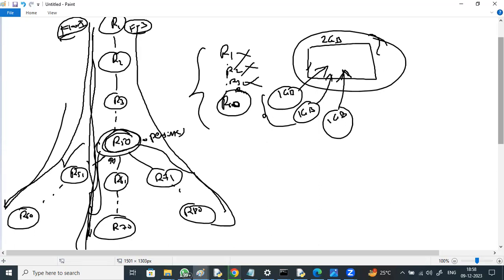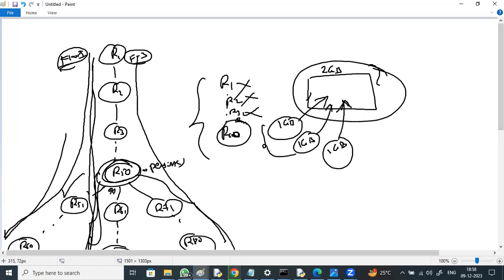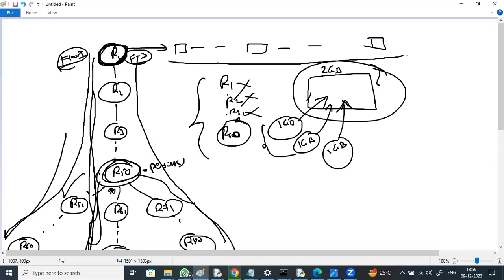No. So RDD1 is a bigger, huge data set. RDD1 itself is a bigger data set, right? It is occupying most of the RAM. It is divided into partitions and distributed across multiple RAMs of multiple systems.